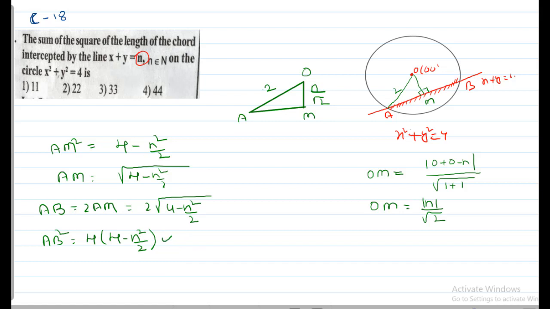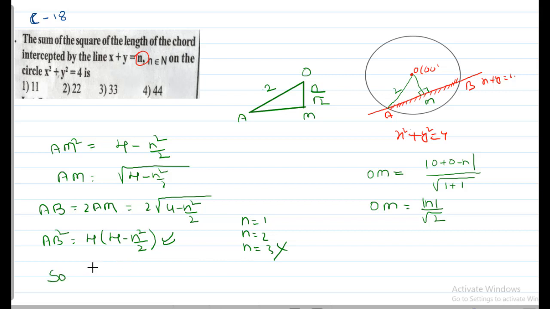Okay, so giving n values here, n is a natural number, so n may be 1 because 4 minus 1 square by 2 is possible. n equal to 2, 2 square 4, 4 by 2, 2 only. If n is taken as 3, 3 square 9, 9 by 2, 4.5, not possible. Only 2 values of n you can take.